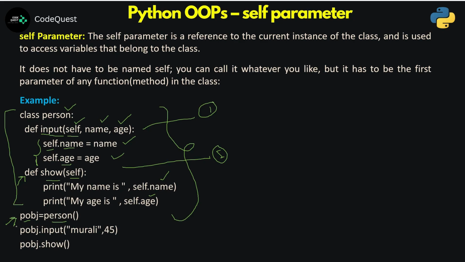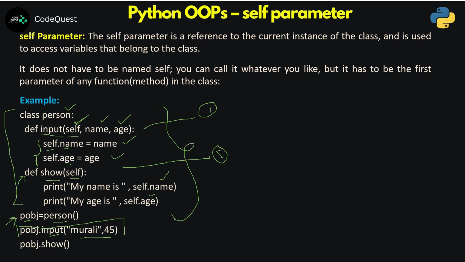So now let us clearly understand when I'm going to call this input method. You can see the input method has how many parameters? 3 parameters. But out of these 3 parameters, the very first parameter is nothing but the self. So here when I'm invoking the input method, I'm passing only 2 parameters. So what is this self going to consider?